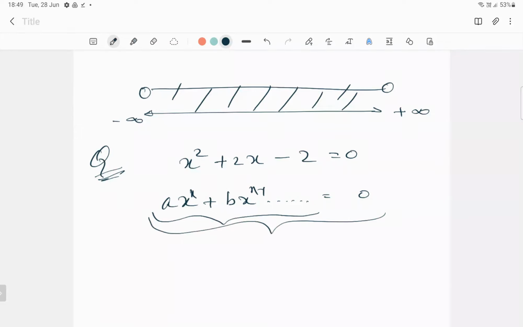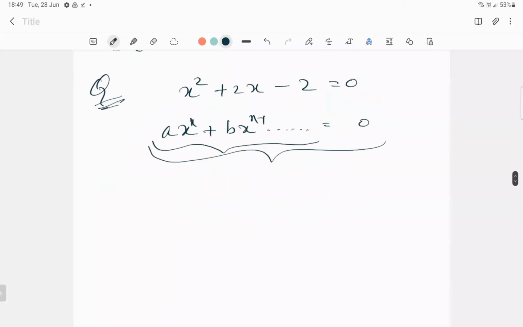Solve this and write in the form of intervals. Tell me two values of x. Done.